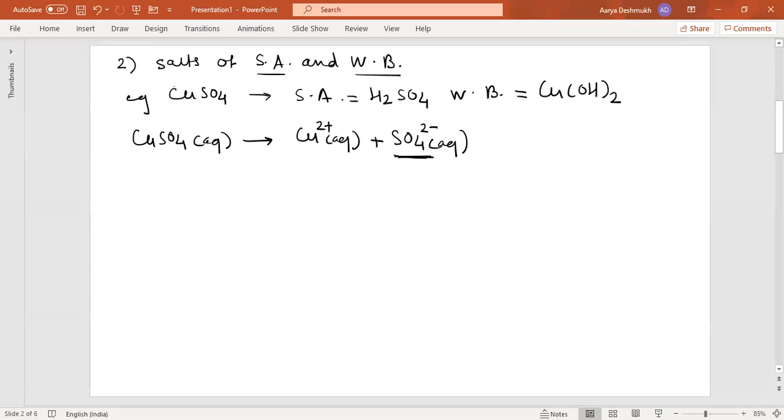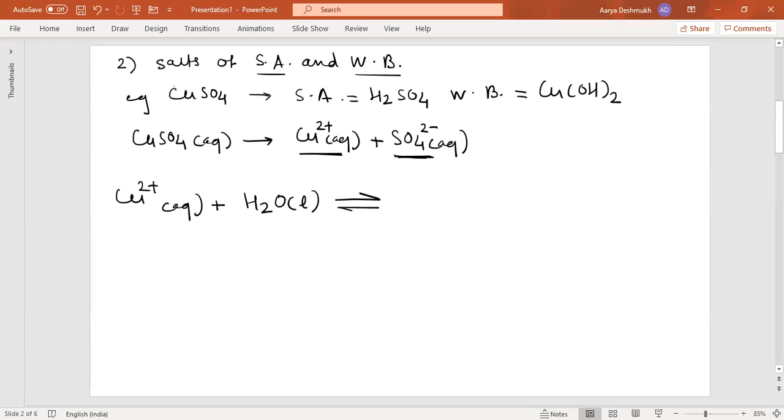So the reaction of Cu2+ ion with OH- ions forms unionized copper hydroxide. Means this copper ion, in aqueous media, reacts with water molecule. I'll put here a double arrow.